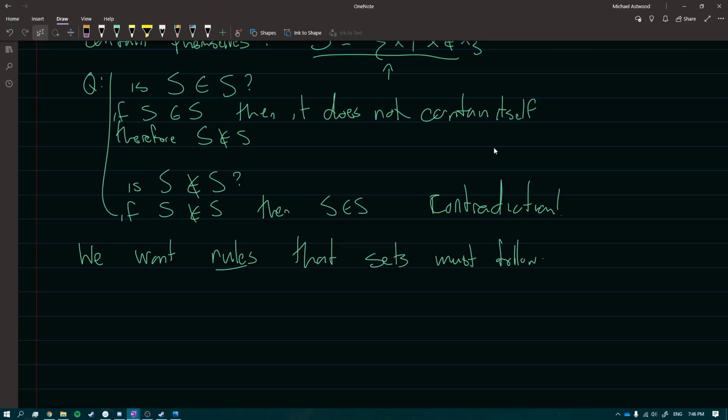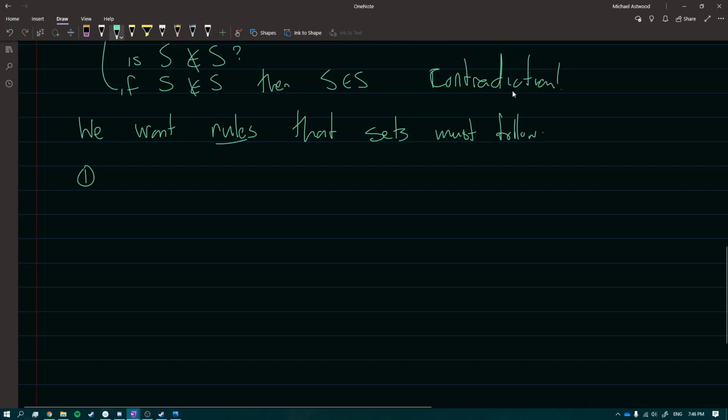So you could have a collection of sets which do not contain themselves, but there's no way to construct a set of sets which do not contain themselves. And I'll show you what I mean. So the first rule that sets must follow is the axiom of extensionality.